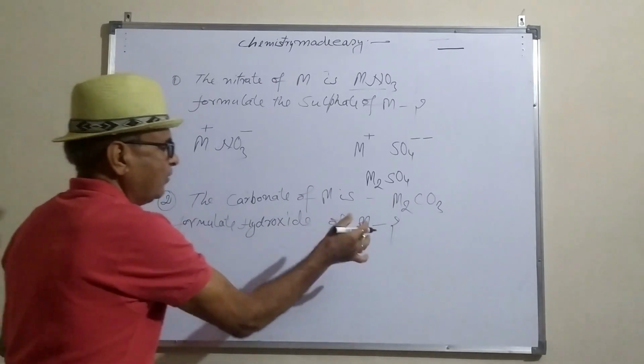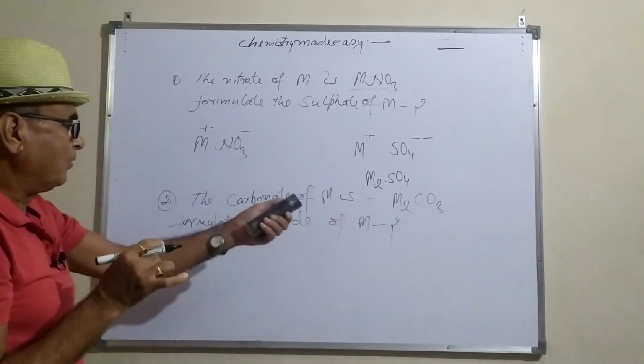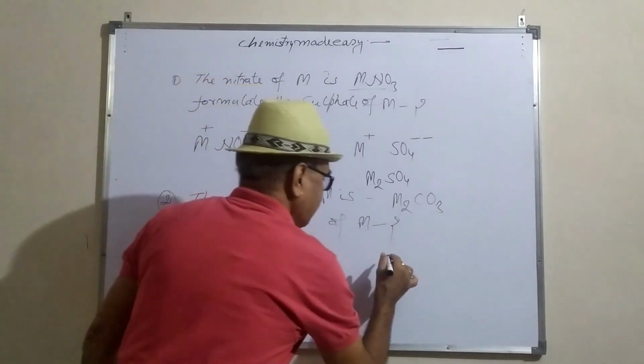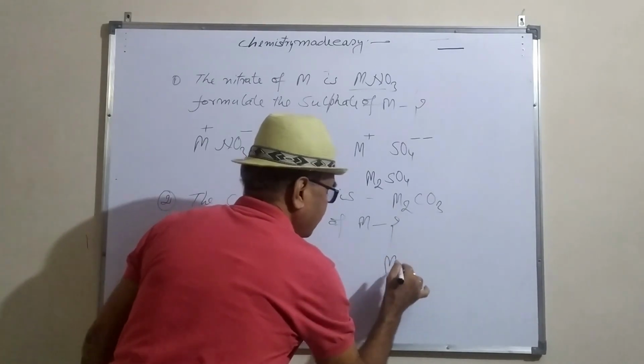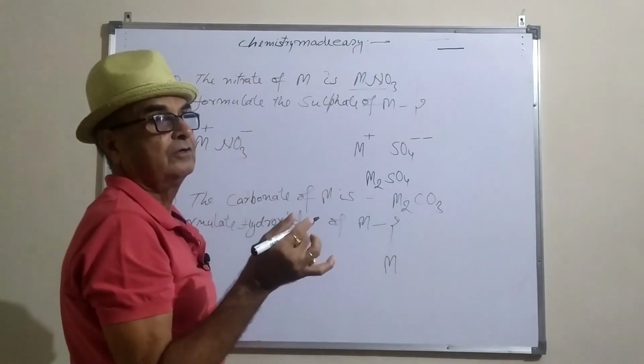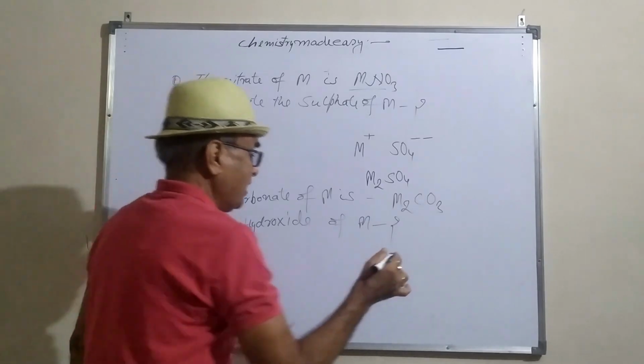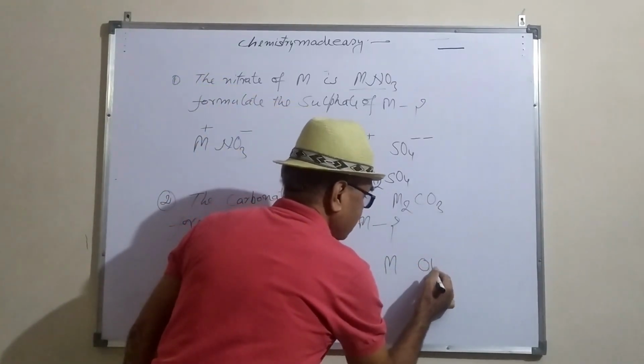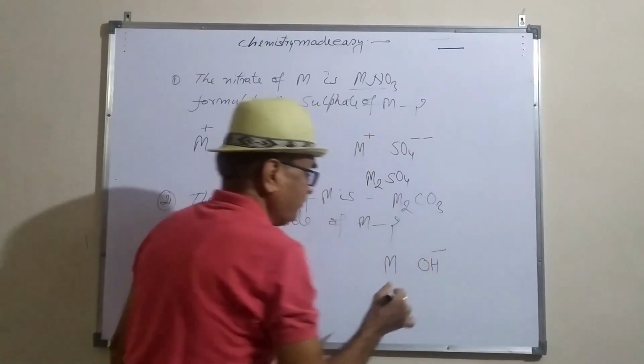You will write it like this, M and OH. You should know that hydroxide OH is one negatively charged.